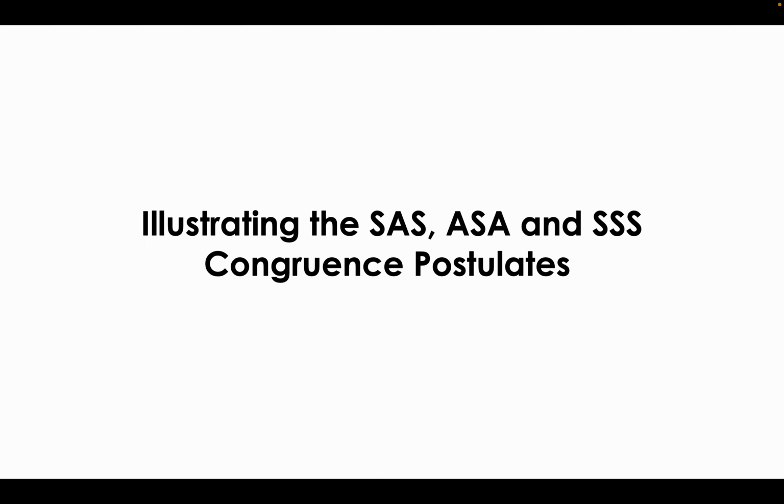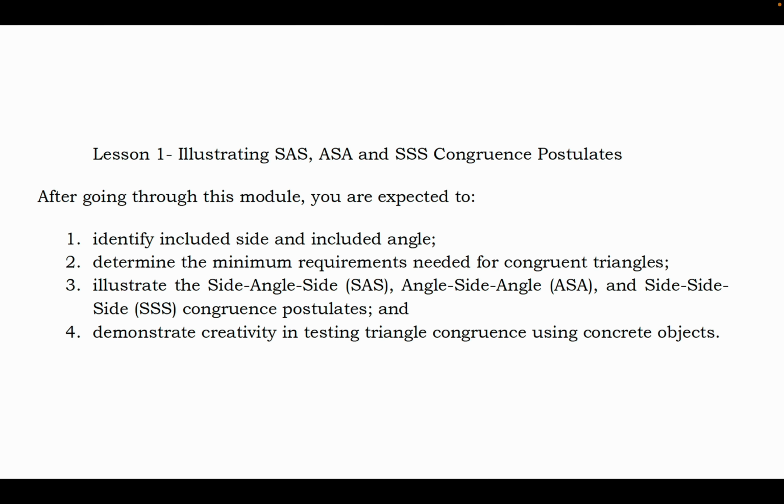And the first topic that we're going to discuss is about illustrating the SAS, the ASA, and the SSS congruence postulates. I bet you have already read your modules. So what to expect? After this discussion, the first objective, you should be able to identify included side and included angle.